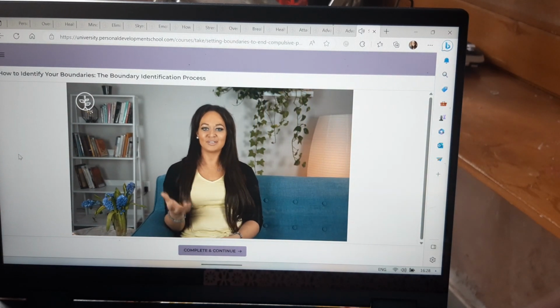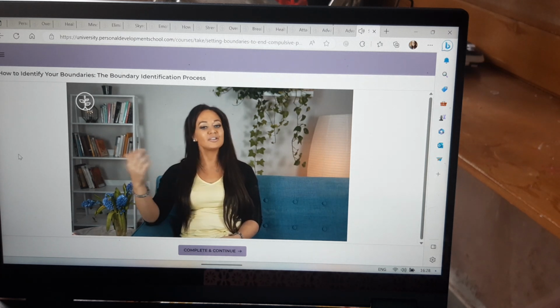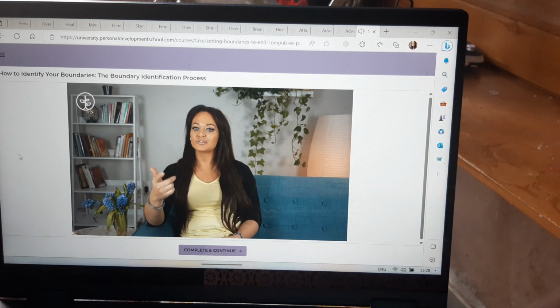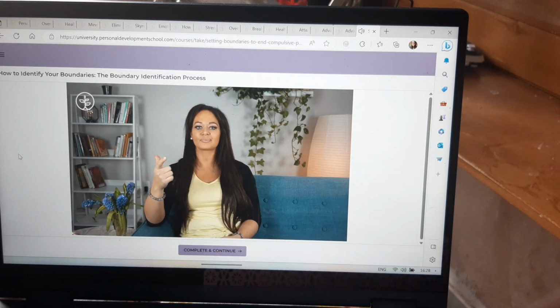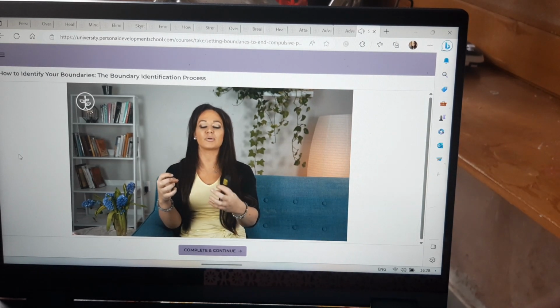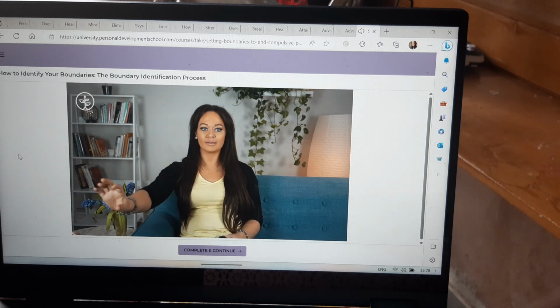So now that you've done this, you take the boundary communication process and you just bring this into it. So validate their emotions ahead of time. Say that you understand their needs. Add the expression of understanding their needs, not just their intentions or their emotions. Then you express your boundaries and your needs and you add your why, right?